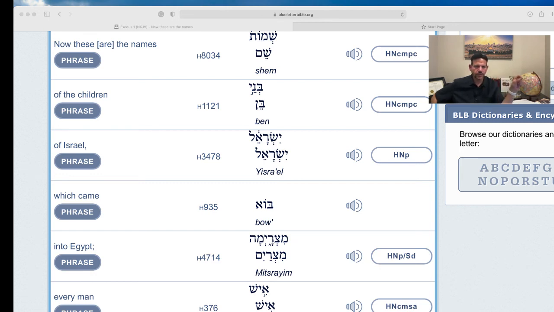So Egypt-ward, or Egypt-bound. They were going towards Egypt. We do the same thing with bayit for house, and we say habaita, homeward bound. So Mitzrayma means Egypt-bound. They were going towards Egypt.